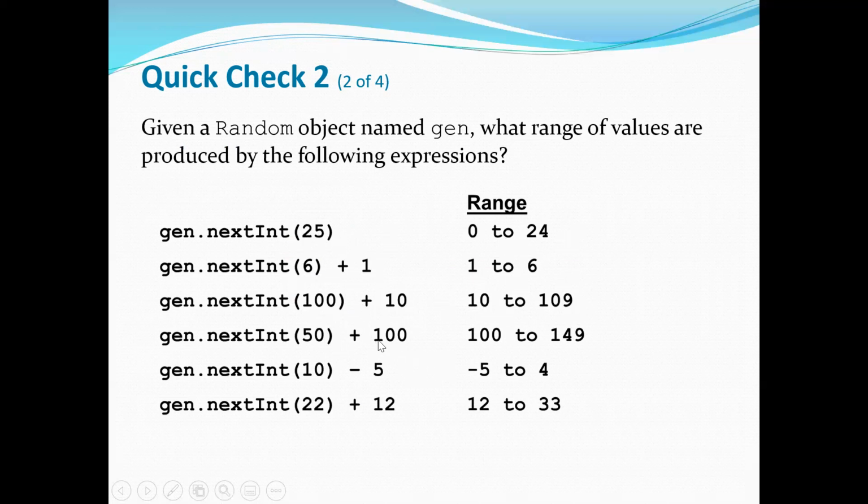The same thing applies to 50 plus 100, so we go from 100 to 149, and the range is 50. Minus 5, we start from minus 5 to 4, because the range from minus 5 to 4 is 10. 22 plus 12 means we go from 12 to 33, and from 12 to 33 the possible numbers are 22.